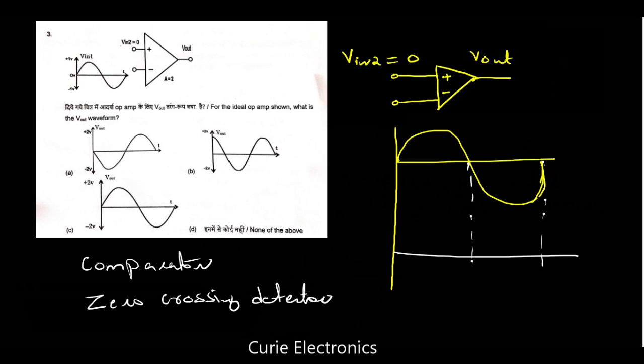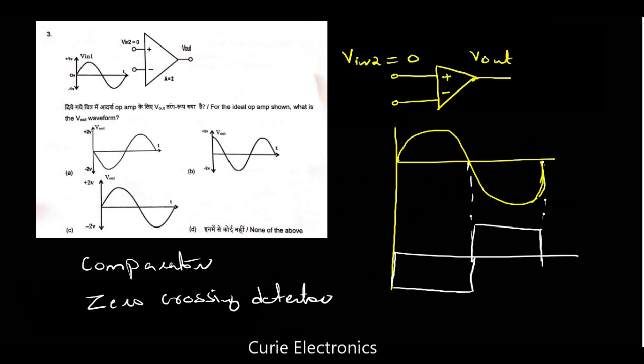Then we will get a waveform like this. It goes down like this. And during the negative half cycle, our non-inverting terminal is higher than the inverting terminal. So we'll get a waveform like this. So the answer is none of the above. We'll get a square waveform from here.